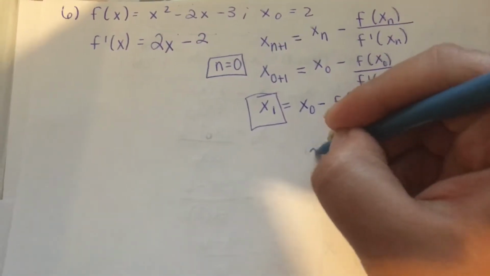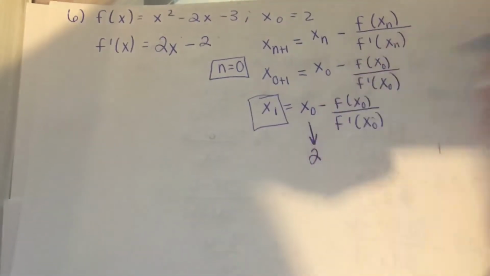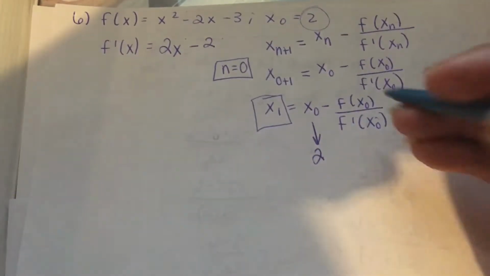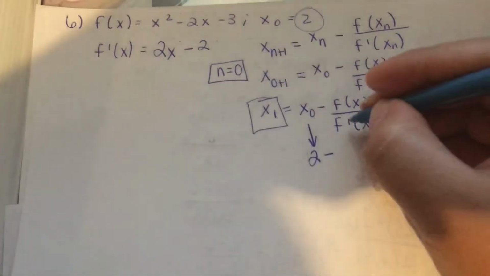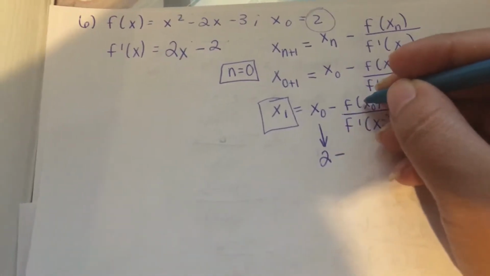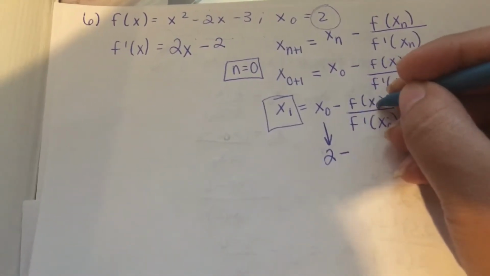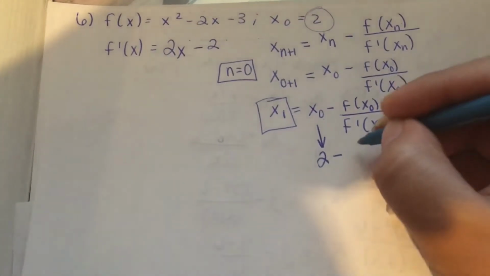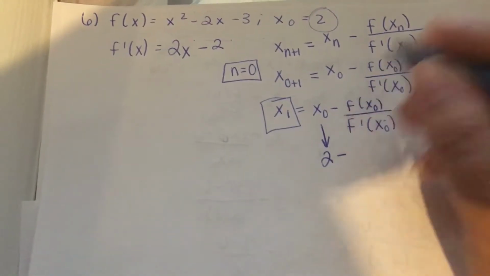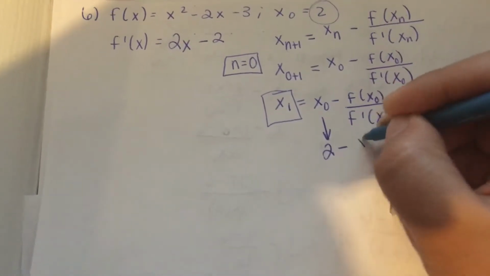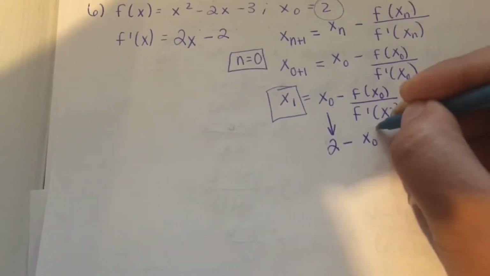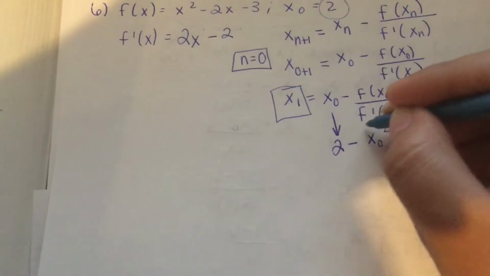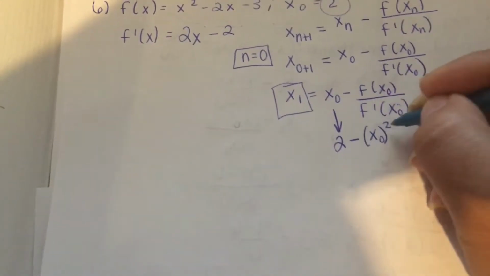x sub 0, we already know what x sub 0 is. That's just 2 as it told us, minus our f of x sub 0. Excuse my slurring. That's going to be 2 sub 0 squared.